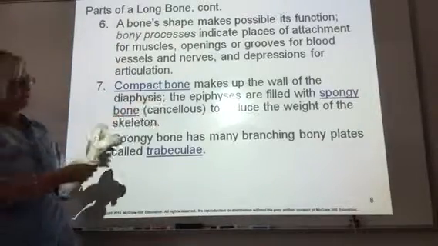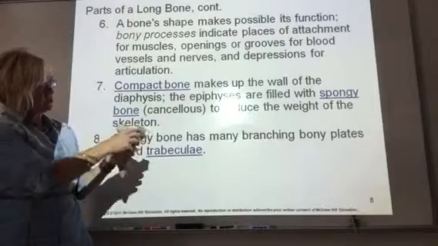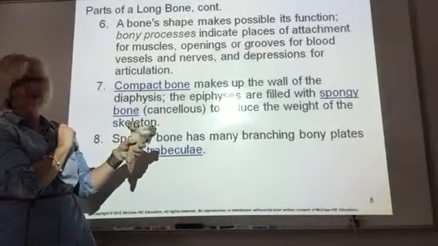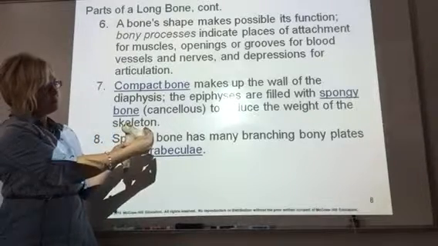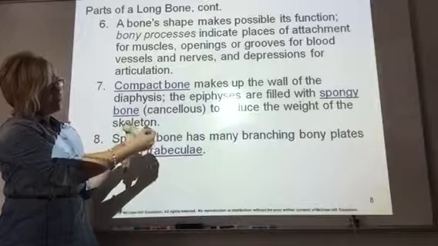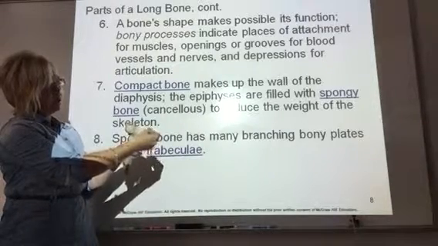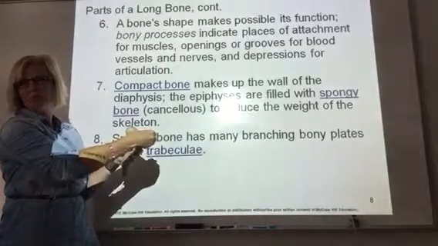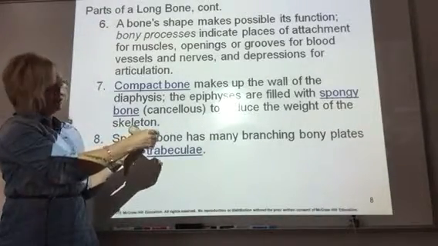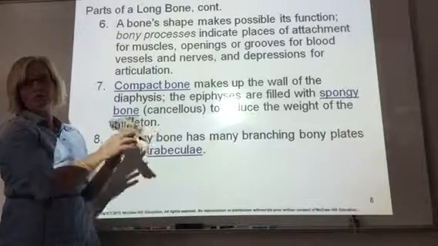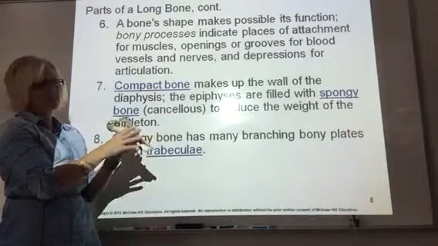The epiphysis, the outside of each bone, these ends, is filled with spongy bone. And especially now that this is dead, I can take my fingernail and push on this spongy bone, and I can actually break those little pieces. So spongy bone is not nearly as strong as compact bone.